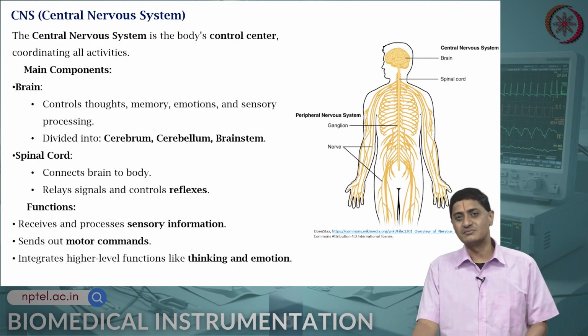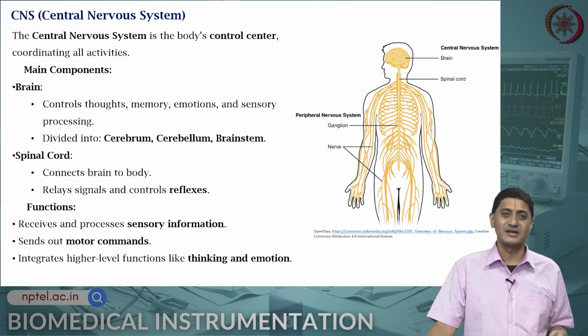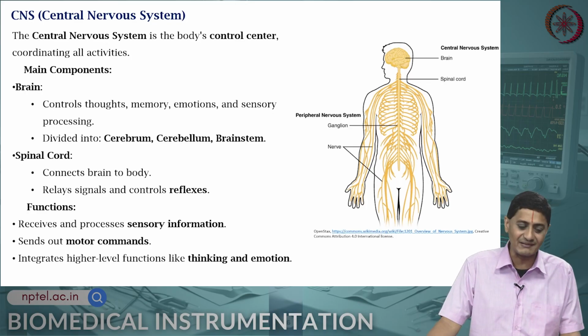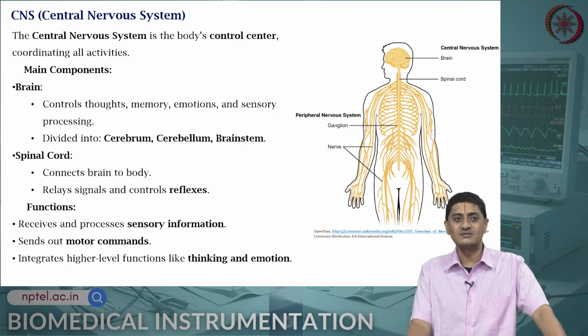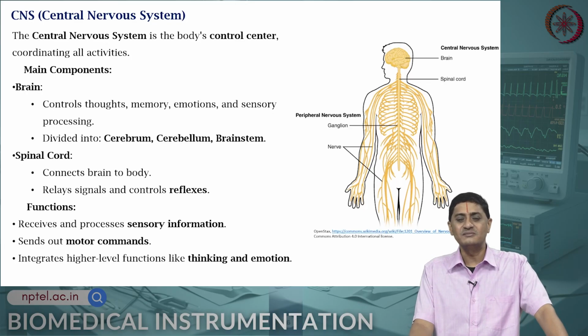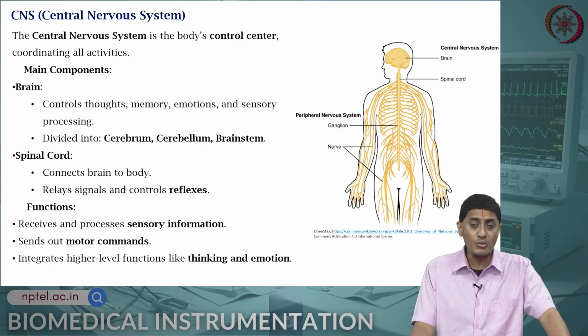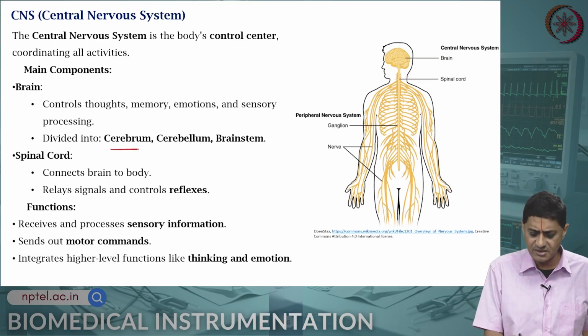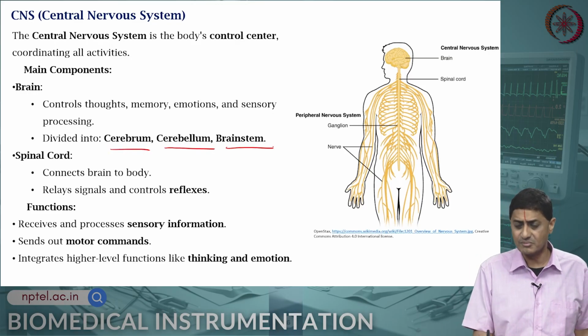Many people think central nervous system means the brain. No, actually, central nervous system means brain and the spinal cord. The brain controls higher order things like thoughts, memory, emotions, sensory processing, movement control, and can be divided broadly into cerebrum, cerebellum and brainstem.